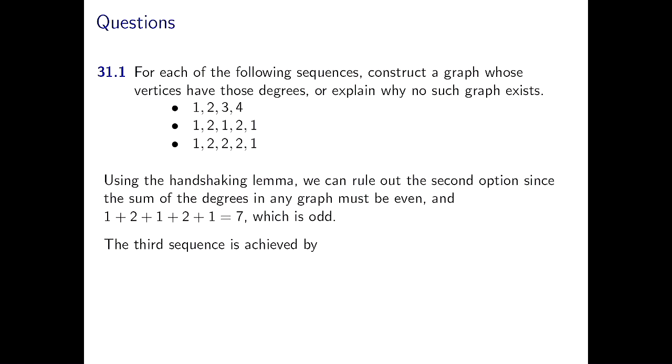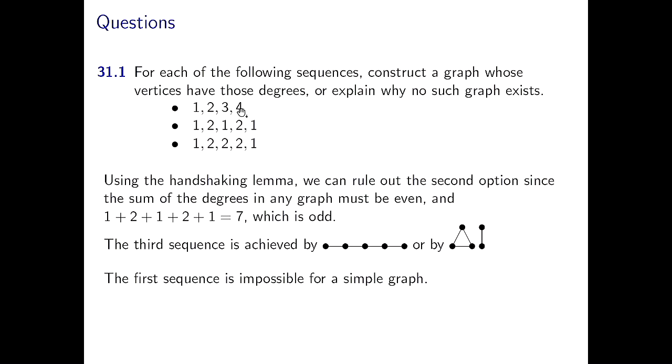Can anyone think of something else which does it? Yes, a triangle and an edge, disjoint. Right, so either of these graphs, here's one and here's another, both have this degree sequence here, right? We can arrange the dots however we like, so the order here doesn't matter.